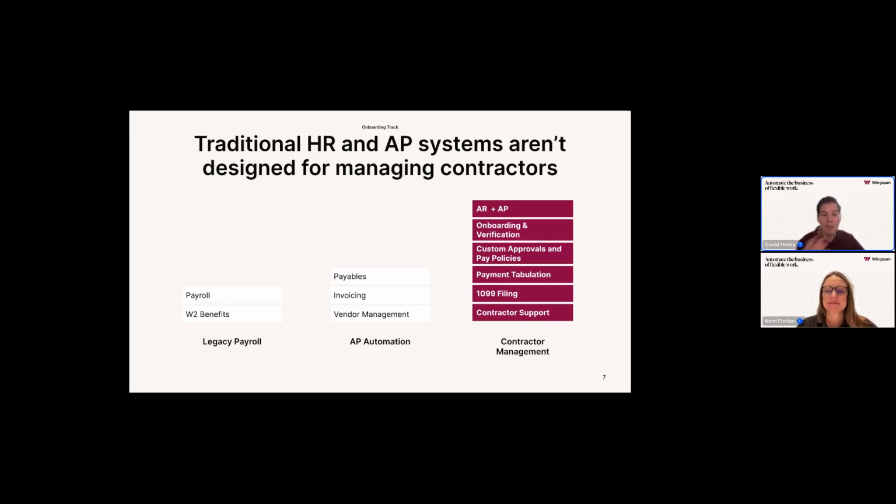Even little things like tabulating payments, because a contractor can accrue payments over time. So how do you go and process those in batch and make sure that that's accountable and accurate, et cetera? And this is what we see as a key set of capabilities to consider.